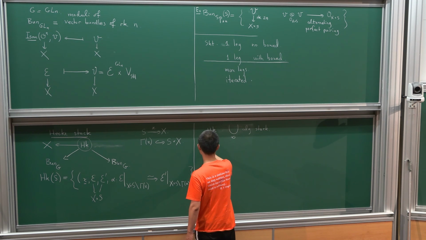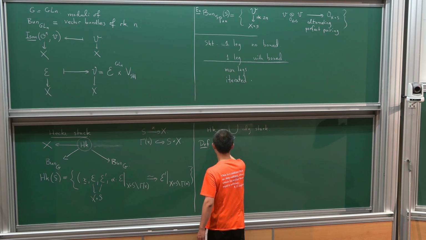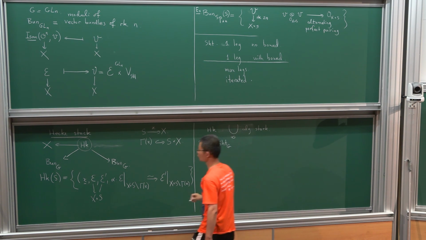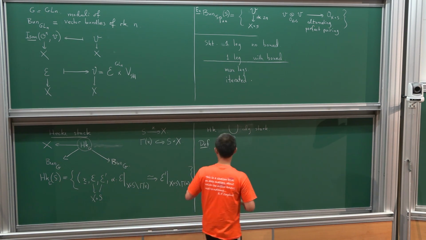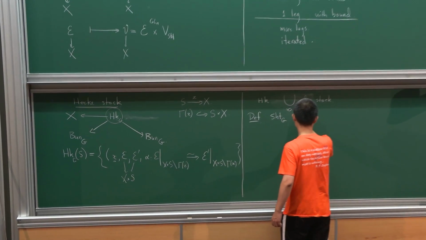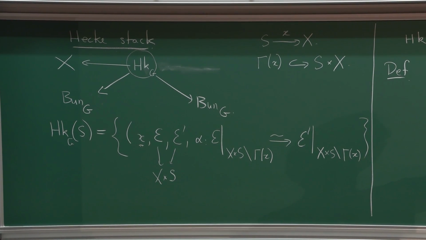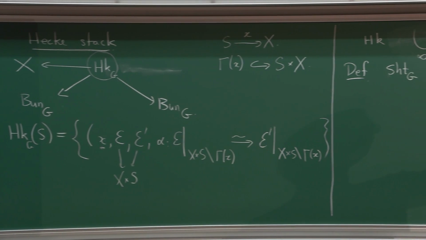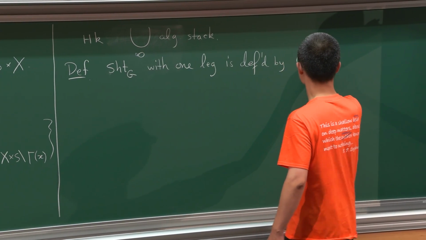Okay, so now we can already define Shtuka. Shtuka_G, decorated a little bit by G, with one leg, is defined by the Cartesian diagram.